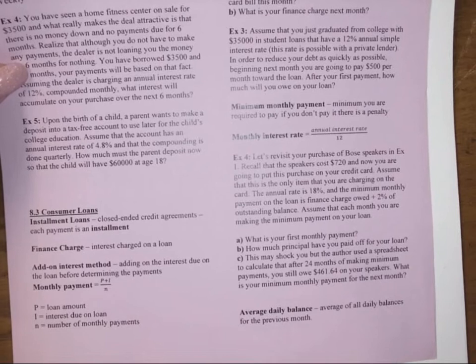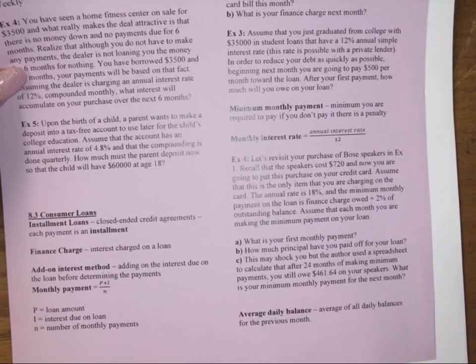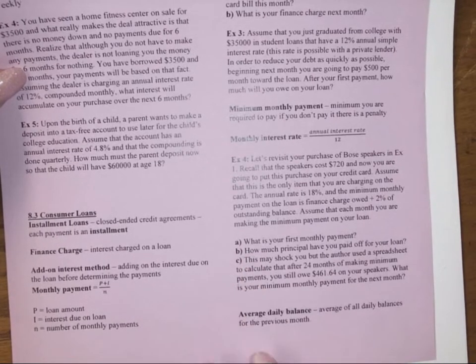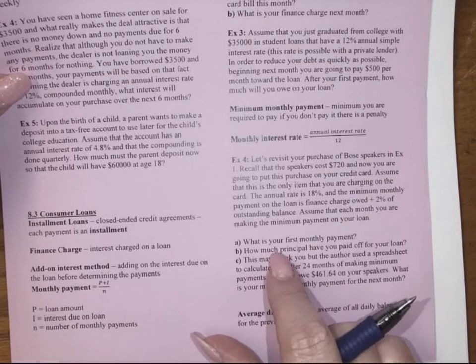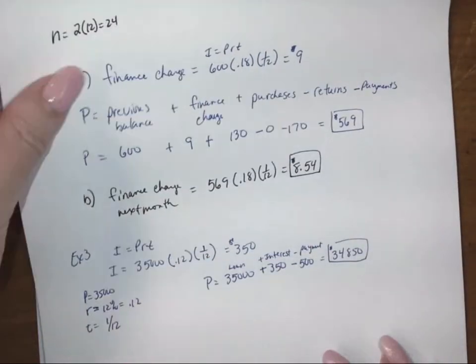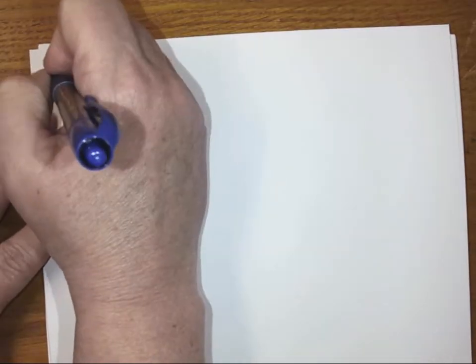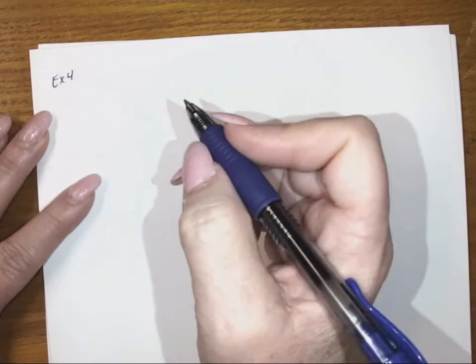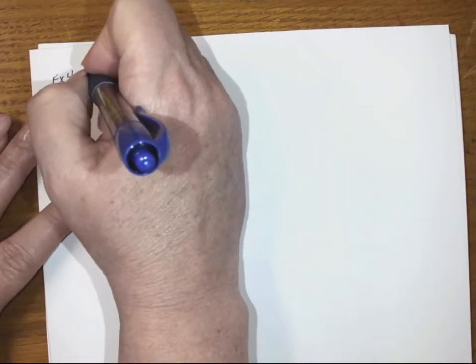Assume that each month you are making the minimum payment on your loan. And we have some parts here we need to figure out. So part A, what is your first monthly payment? So example 4, and we are looking at part A.